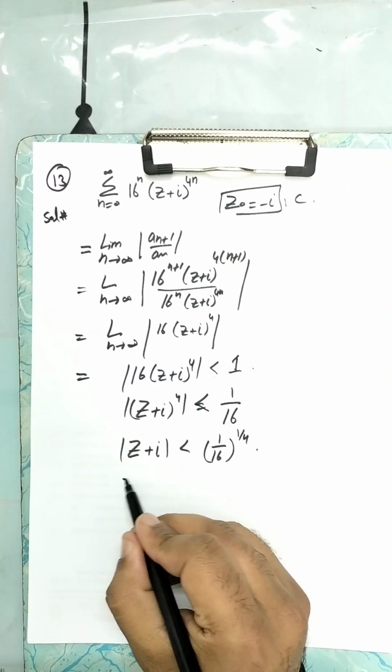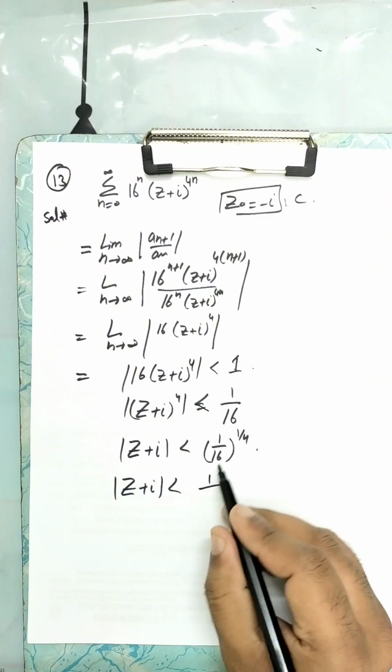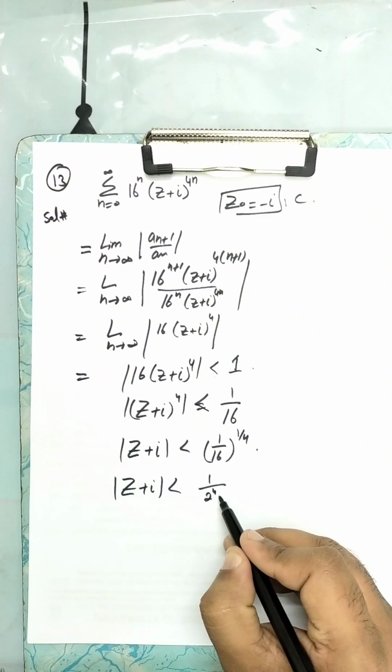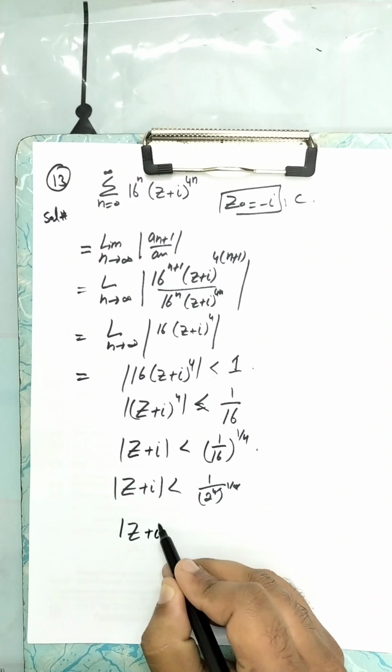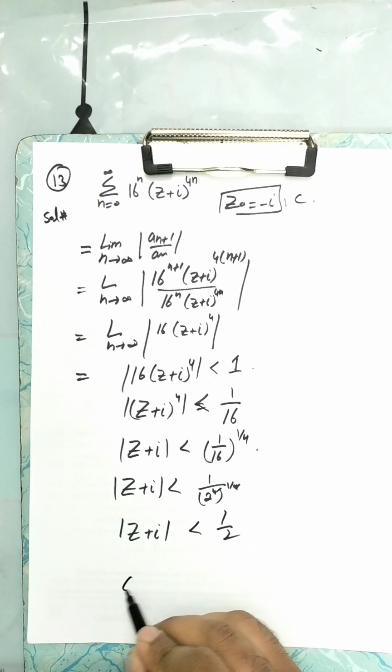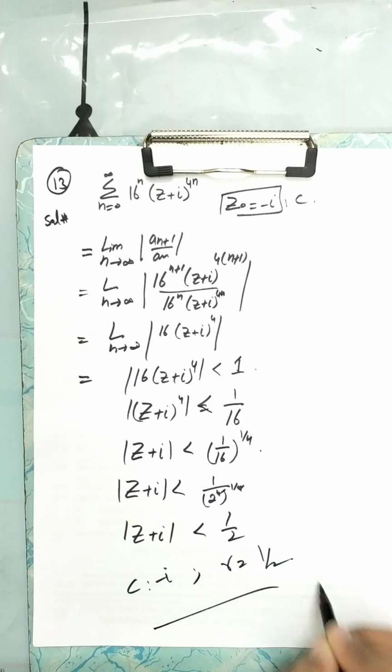So we write here |z plus iota| less than 1 over 2^4 to the power 1 over 4, the 4s cancel out, so this becomes |z plus iota| less than 1 by 2. So the center is minus iota and the radius is 1 by 2.